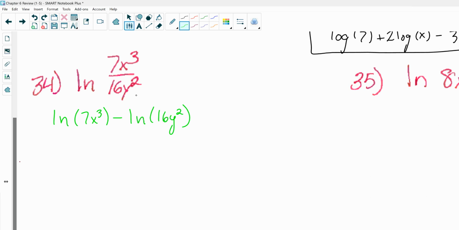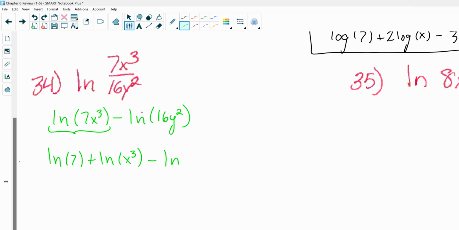Now that we finish with quotient, we'll do product. Our ln of 7x to the third would be ln of 7 plus ln of x to the third. Now our 16y squared, natural log of 16y squared. Well, 16y squared was in the bottom of the fraction, so any of the natural logs coming from it should all be negative. They should all be minus.